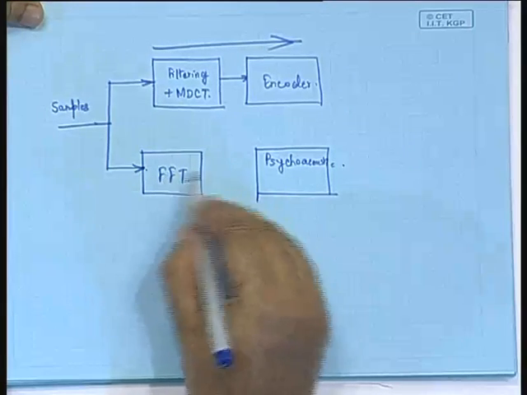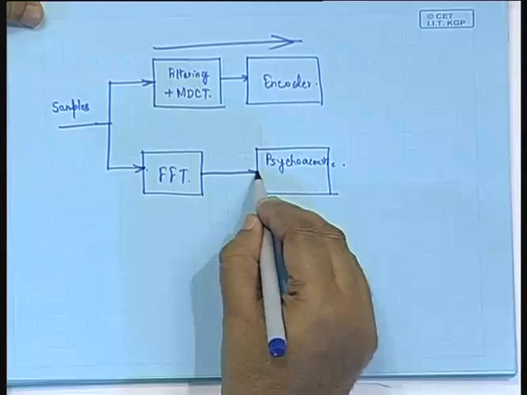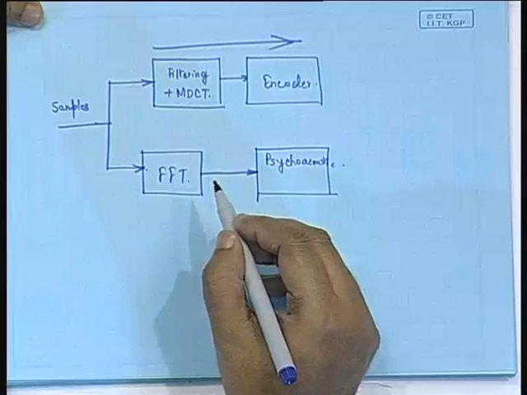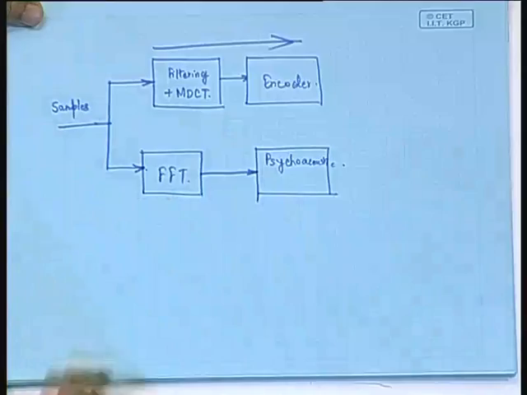Actually, there what we do is that we take the FFT, and from the FFT we identify the tonal components, and from the tonal components we find out, corresponding to the critical bands that are defined in the psychoacoustic model, for each of those critical bands, what is going to be the masking characteristics, so that we get a complete picture about the masking threshold that is present in the entire range of the audio processing that we are doing.